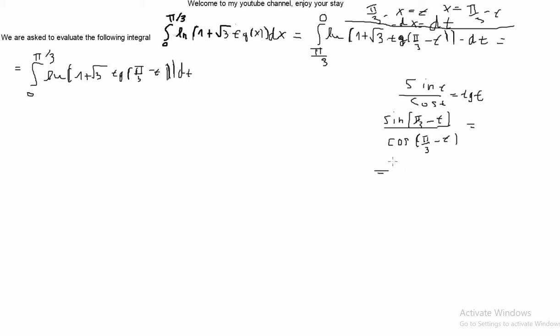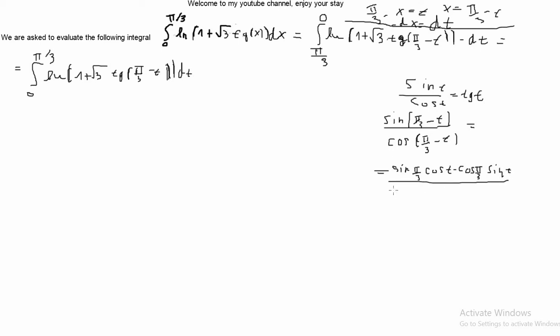Okay, now we need to know the formulas, but I think it goes: sine of pi over 3 cosine of t minus cosine of pi over 3 sine of t. I hope this is correct.